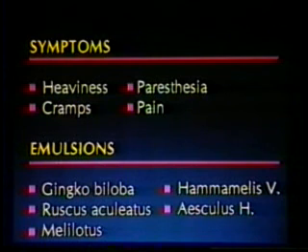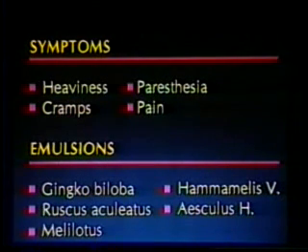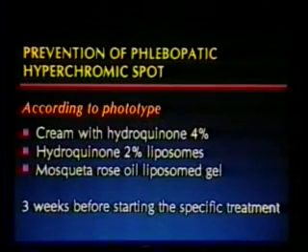We prefer a combination of ginkgo biloba with Rhuscus aculeatus and Melilotos extract due to its synergetic action. As regards phlebopathic hyperchromic spots prevention, same will depend on each patient's phototype. We use creams with hydroquinone 2% or wild rose oil liposome gel.